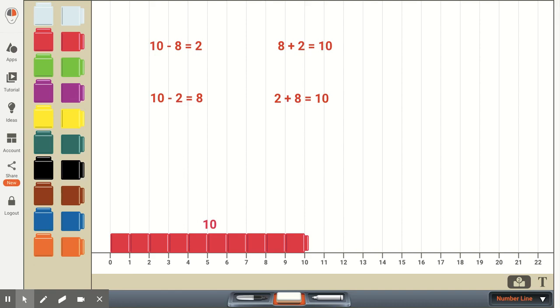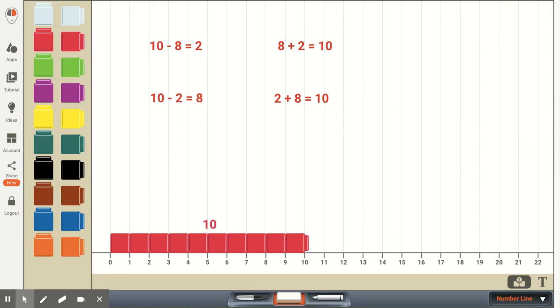Now, there are some other equations that can be created, but they would not be equal. So we want to make sure that your first grader doesn't try to set up equations like 2 minus 10 equals 8 or 8 minus 10 equals 2.